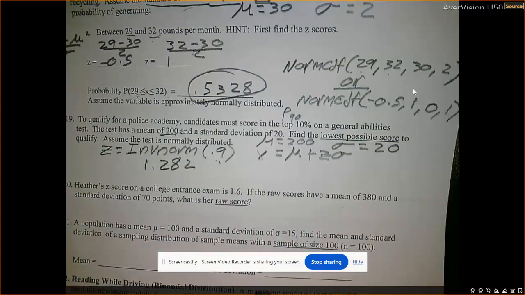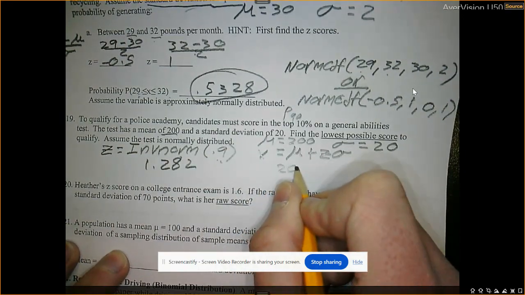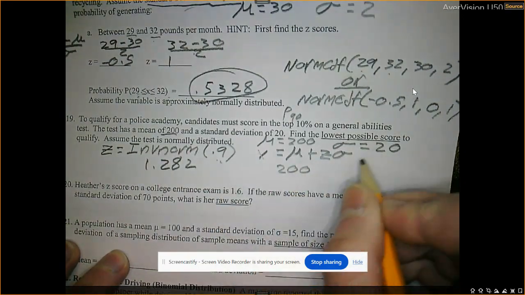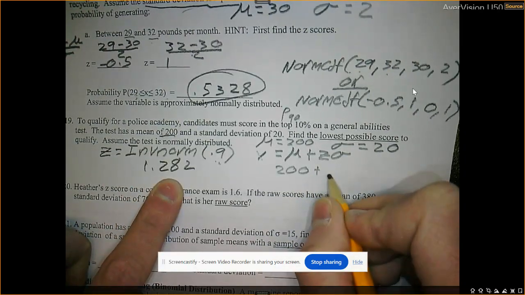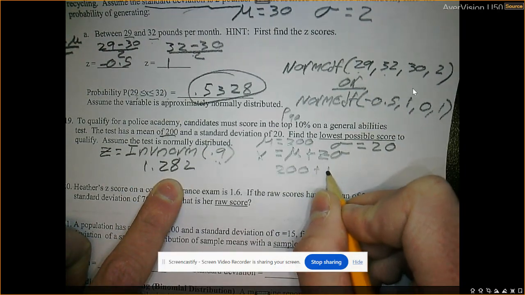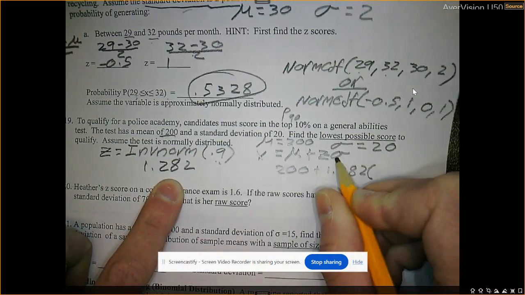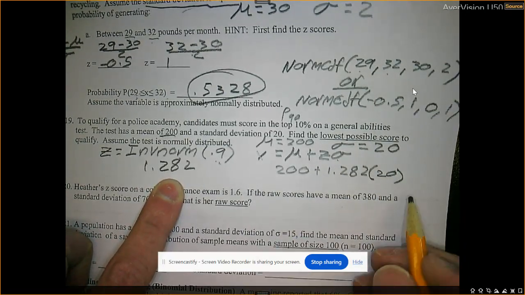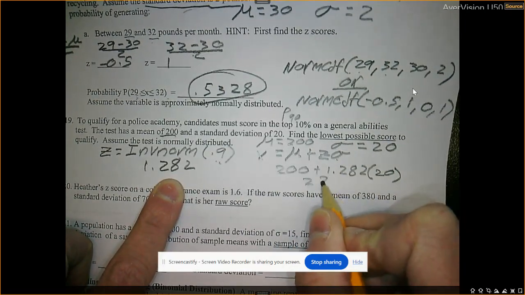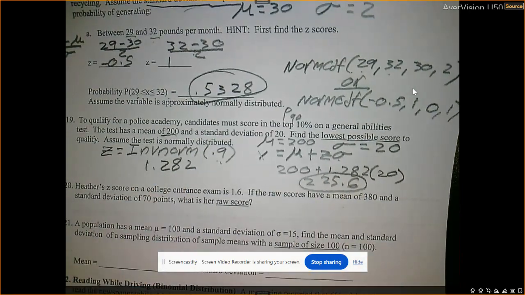Okay, mu plus z sigma. Well, we have our mean now, so that's 200, right? That was given to us. We have our z-score, that's what we just found using the inverse norm, 1.282, and then that needs to be multiplied by the sigma, which is 20. Okay, when you do that, you should get 225.6, and that's your lowest possible score that you need to qualify.